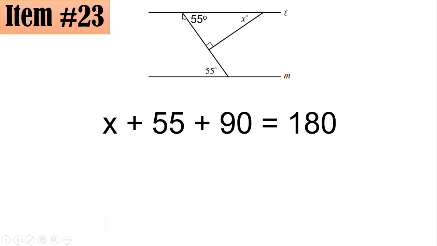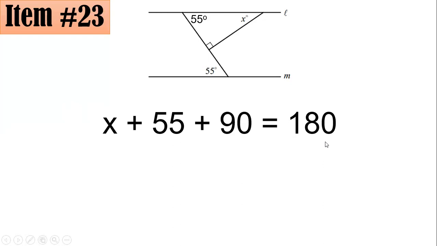You could also see that this one here is a right triangle, because this is a 90-degree angle. And if you add all the measures of the three angles of a triangle on a plane, their sum should be 180 degrees.